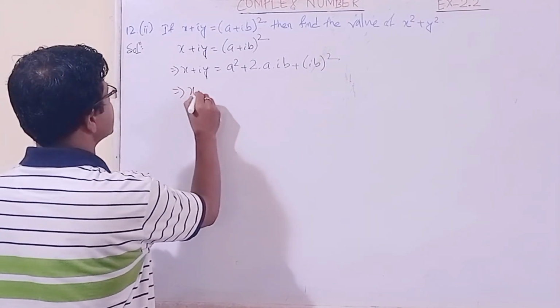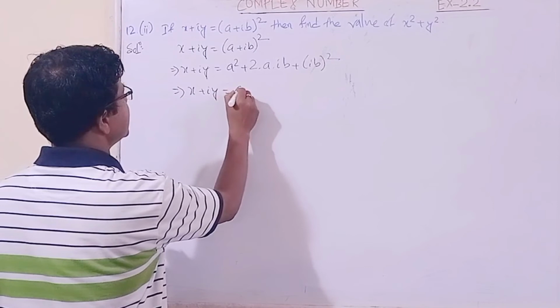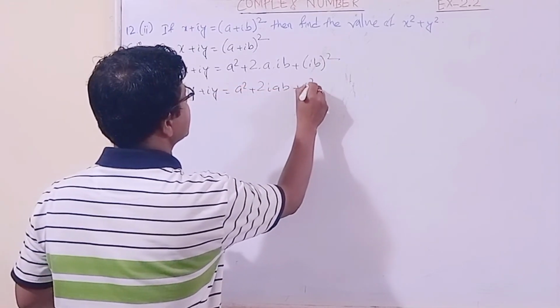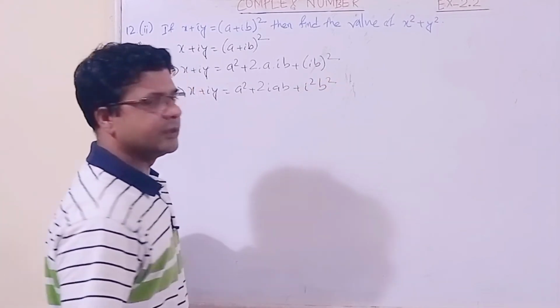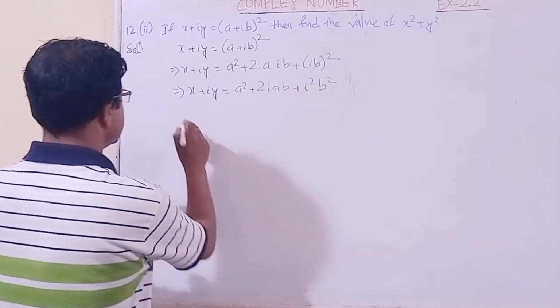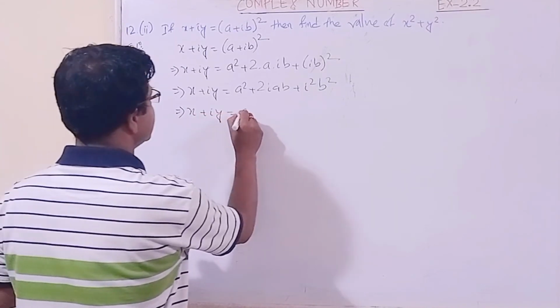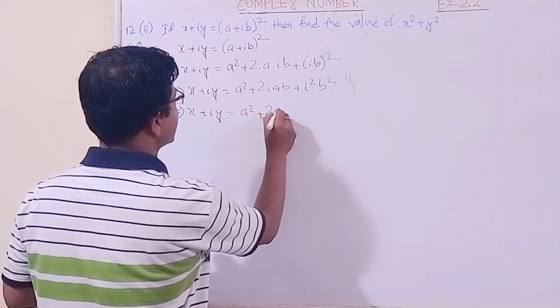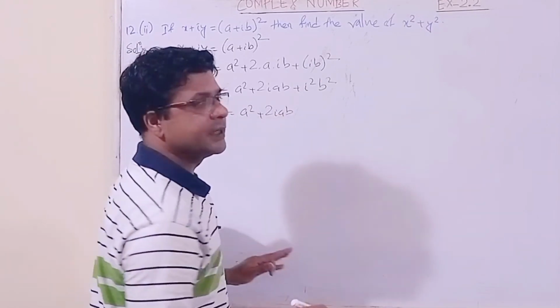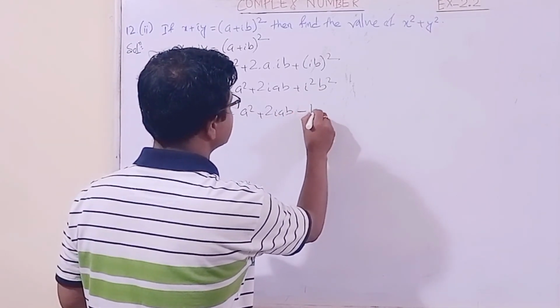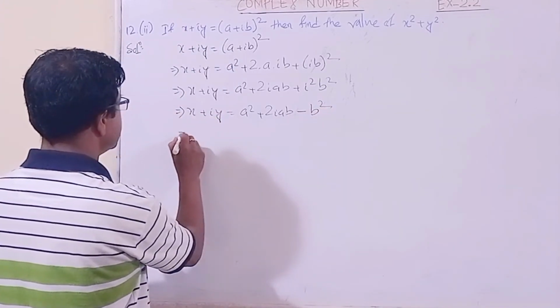So x plus iy equals a square plus twice iab plus i square b square. Now dear students, what is i square? i square is minus 1, so that minus 1 into this is minus b square.